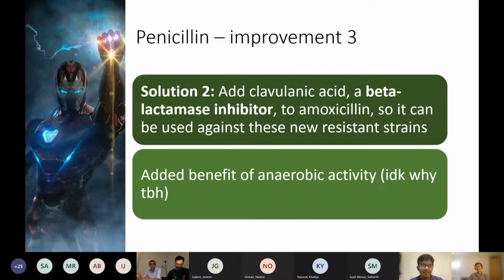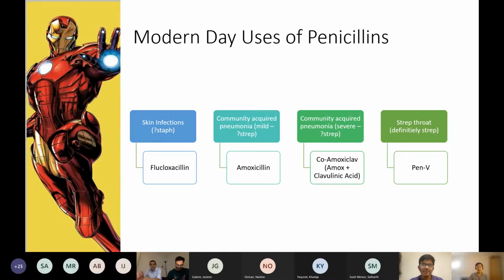Right, so modern day uses of penicillins. Skin infections, we've already said use Fluclox. Community acquired pneumonia, mild, what do we use? Again, we mentioned it earlier. It's just revision. Amoxicillin, yeah.